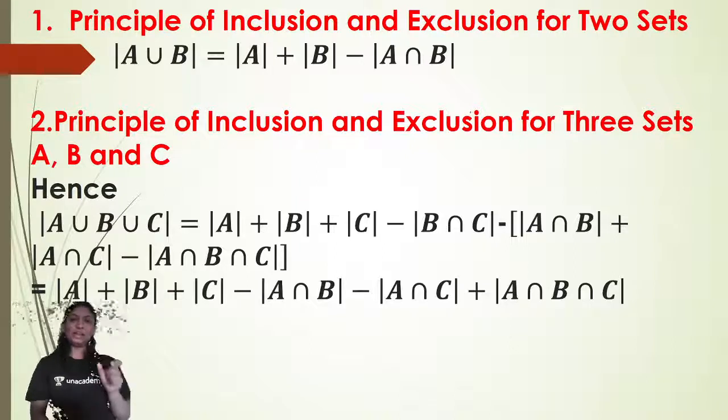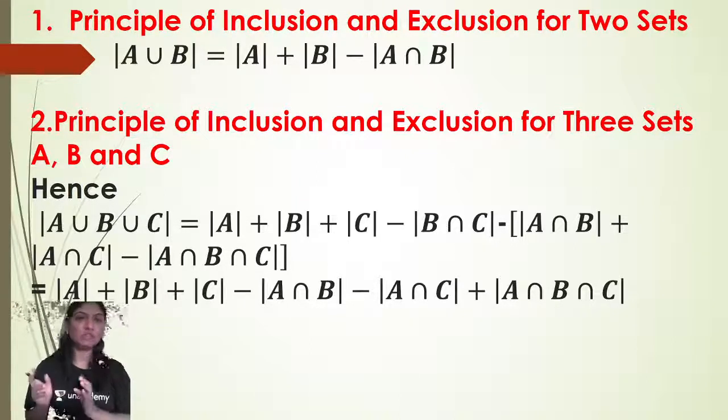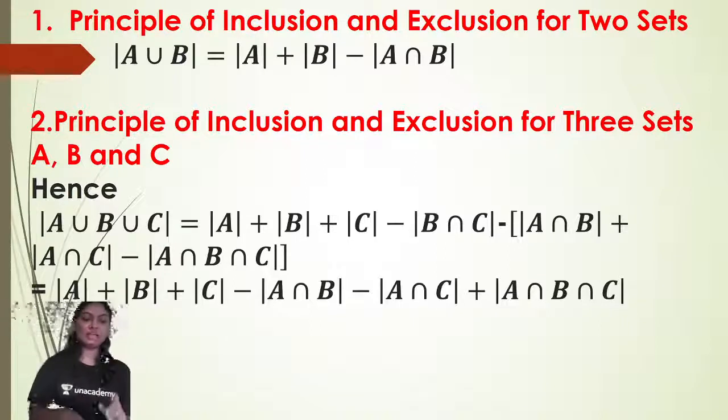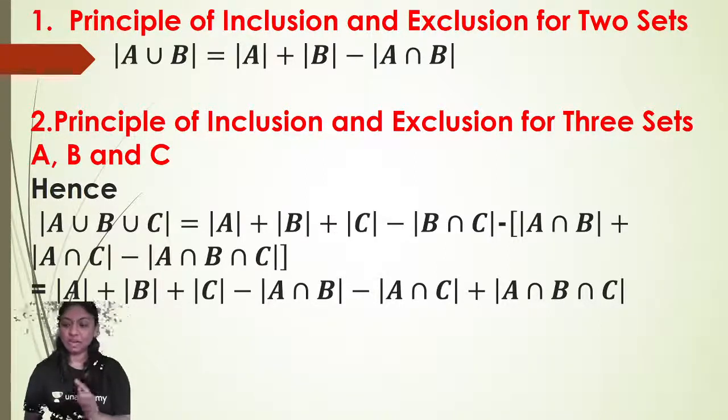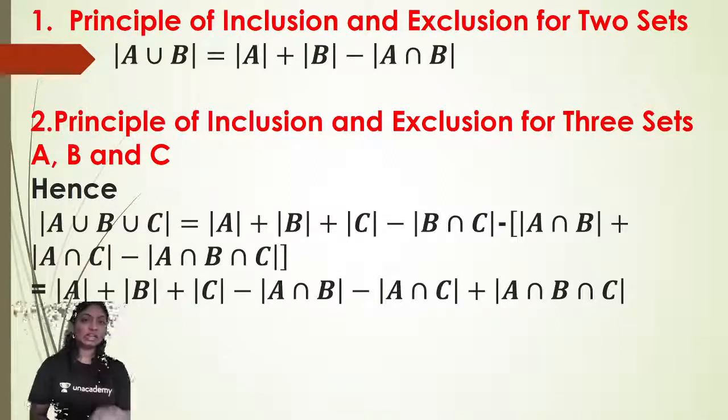If you want to calculate the number of elements present in the union of sets, we take separately the number of elements present in A as well as in B, and we subtract the number of elements present in both sets. Otherwise those elements will be counted twice. That's why we are subtracting.